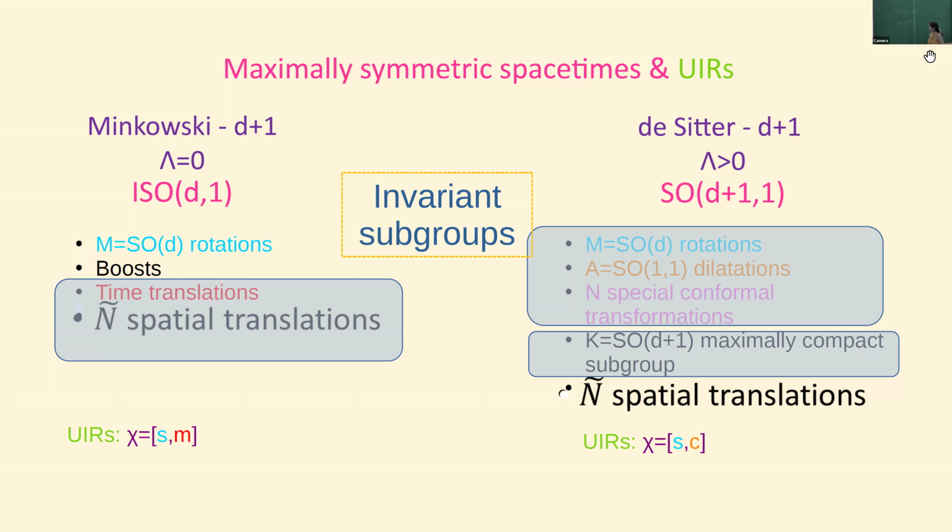Okay. So to compare, when you focus on translations, which involve time translations, mass itself is one of the labels. Spin is always there. But in this case, it's not mass as it is, but it is this piece that goes into the scaling dimension.